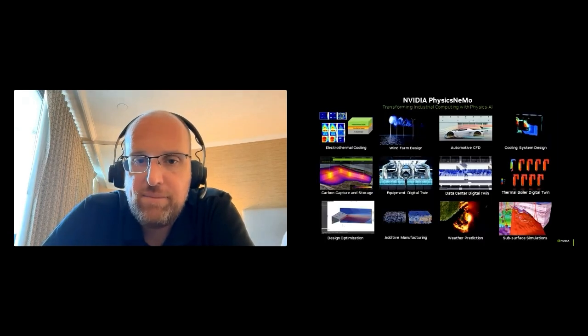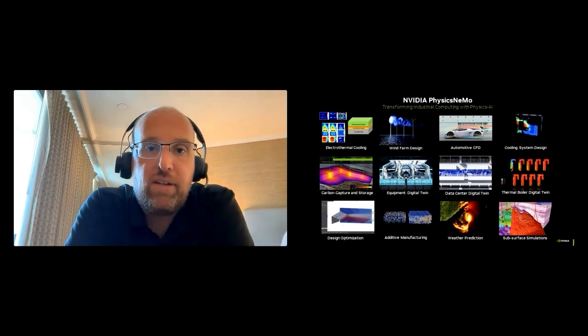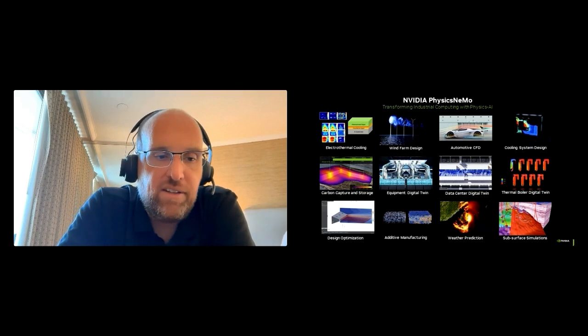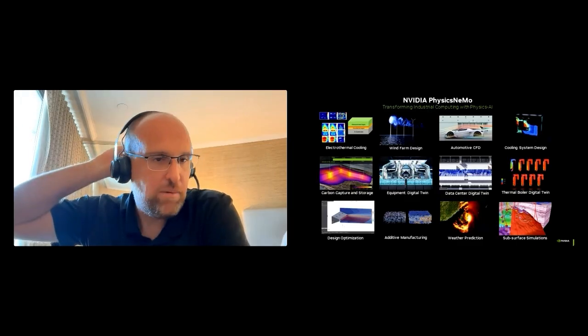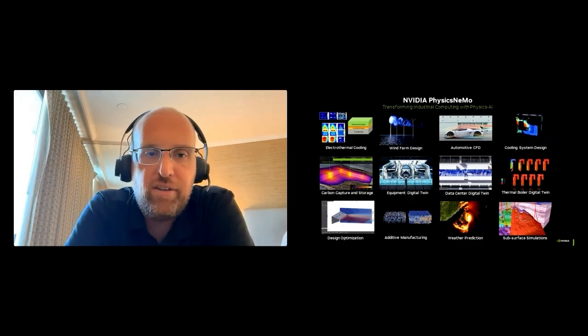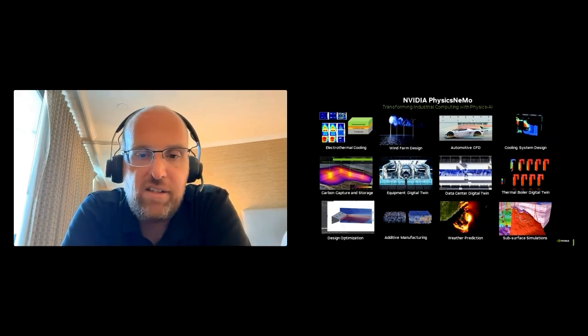Okay, next slide. So I wanted to talk a little bit about the Physics NeMo side, because this is really where we've spent a lot of time recently developing these underlying models, both us and NVIDIA research, to start to enable different AI architectures to cover some of the different simulation use cases that you might want to simulate.